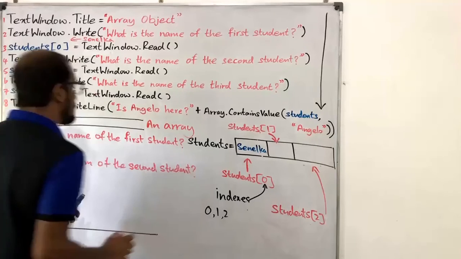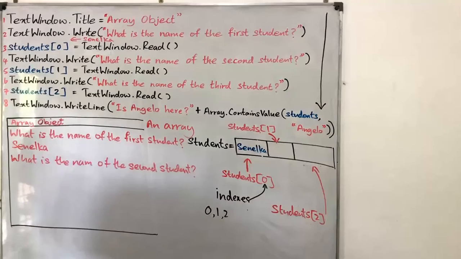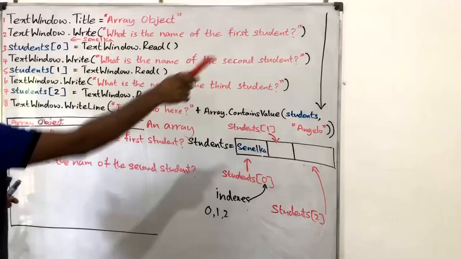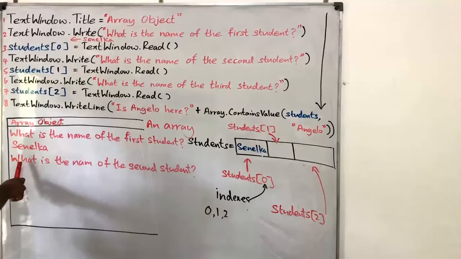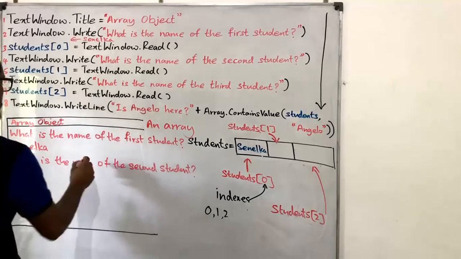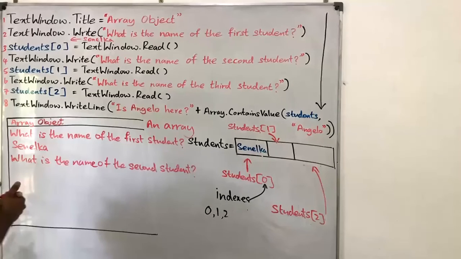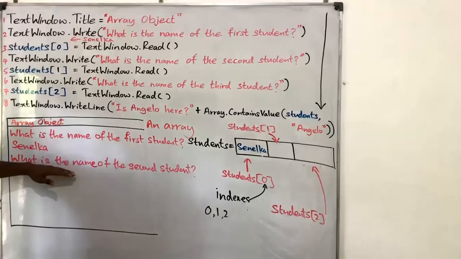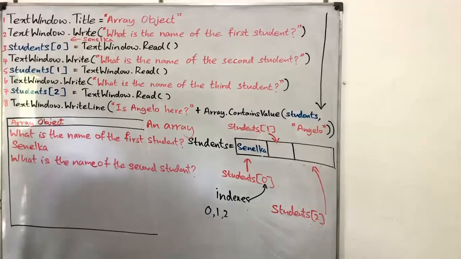So the text window has written this in its body. Now the user sees this question and will answer it with another name: Ayman.